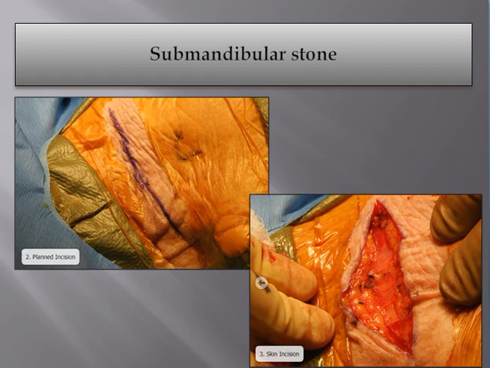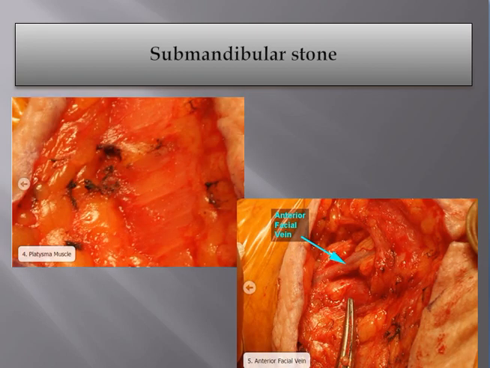The next step, so incision is made. In the upper part, we can see the platysma muscle inside the incision, and the black color is hemostasis by electrocoagulation.